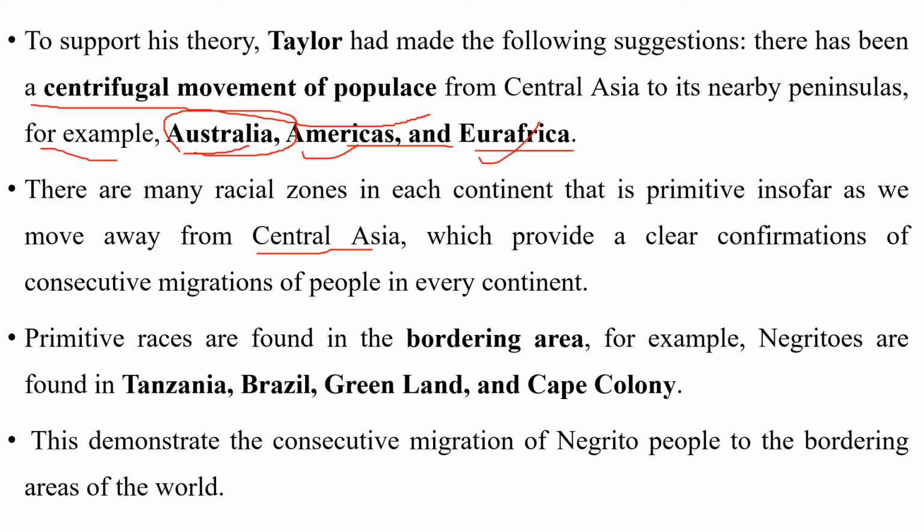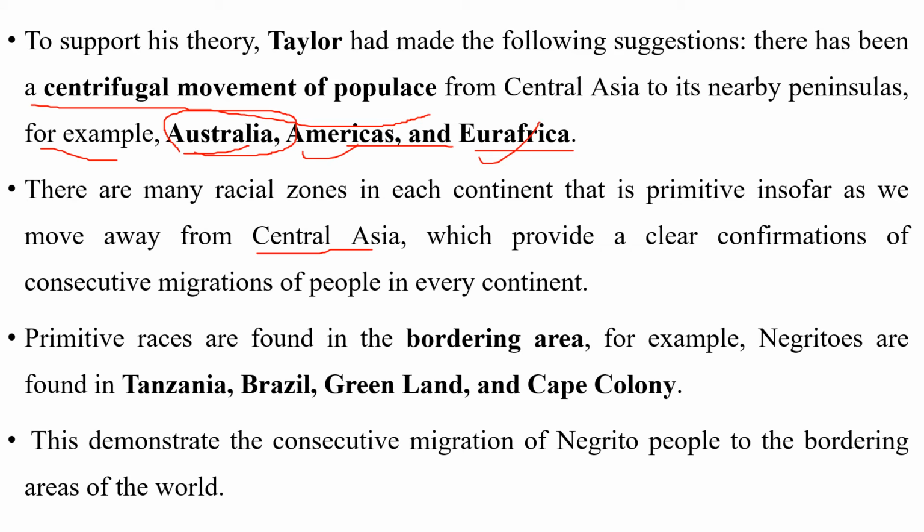Means if you focus upon the primitives or the tribes of any country, they are mostly located in remote areas. There are many reasons why these people are located in remote areas, and mostly the fertile area is captured by the people who come from other sides.